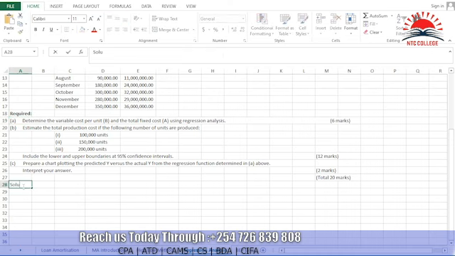So in part A, we are computing the value of A and B.